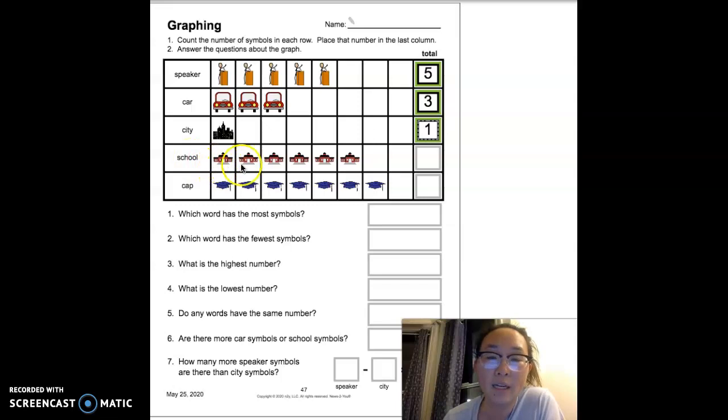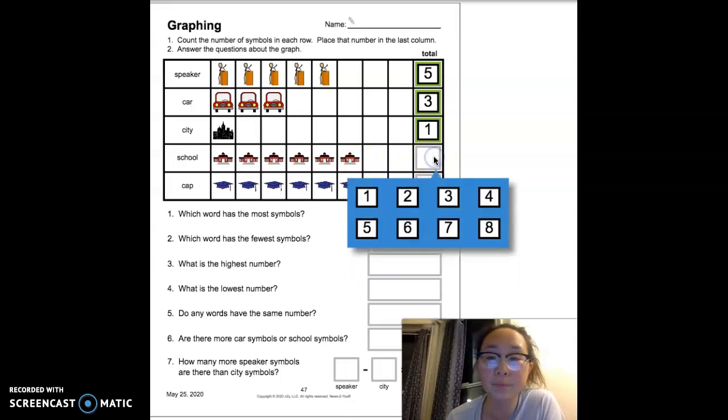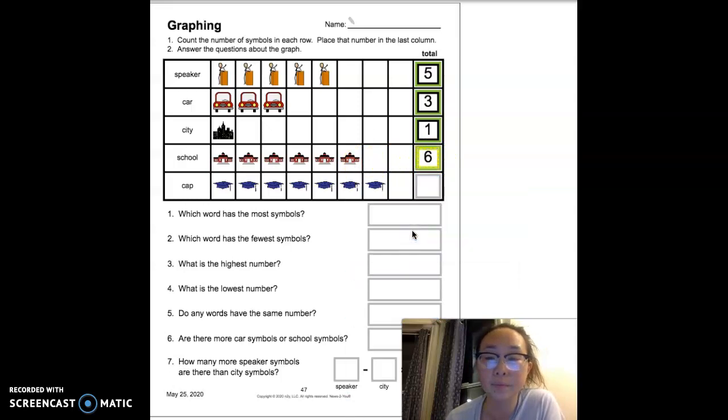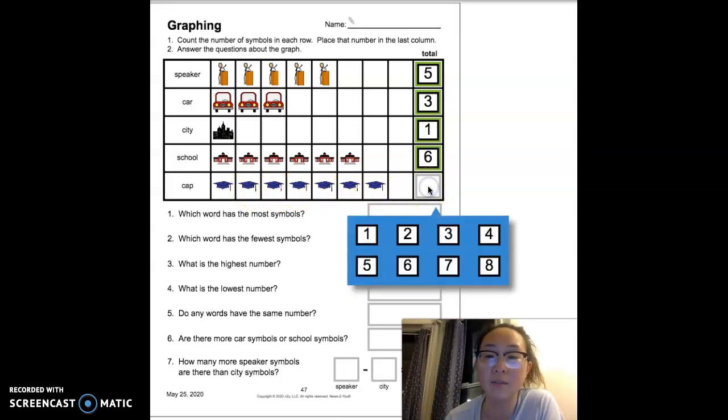We have 1, 2, 3, 4, 5, 6. There are 6 schools. And our last word is cap. 1, 2, 3, 4, 5, 6, 7. 7 caps.